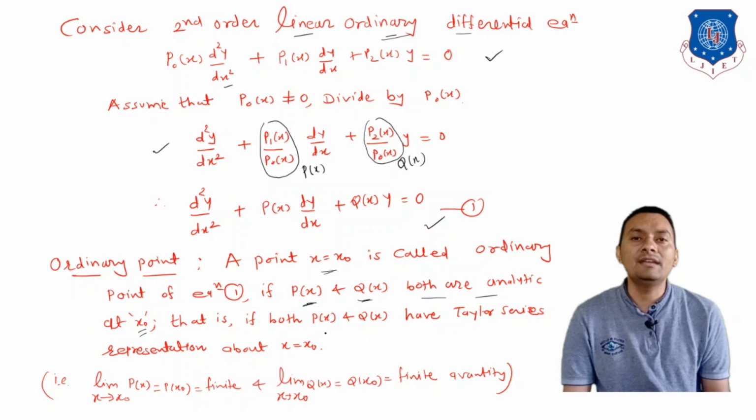Then and only then can we say that x0 will be analytic for P of x and Q of x.